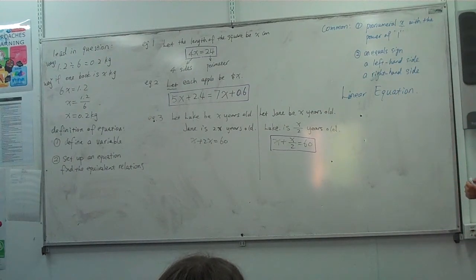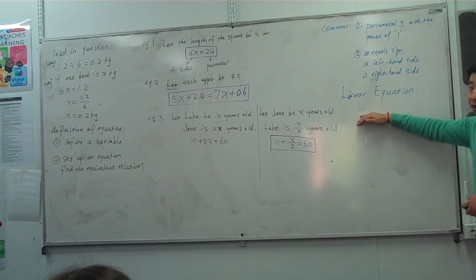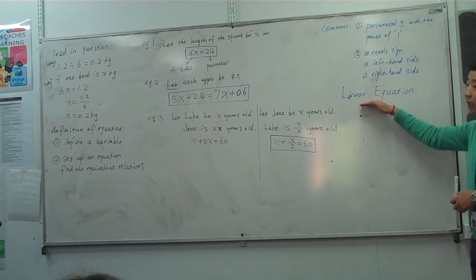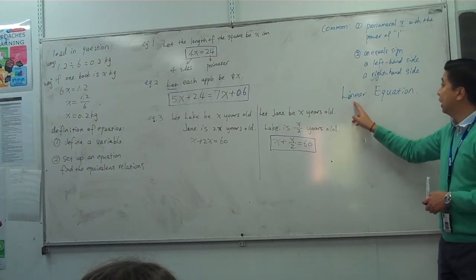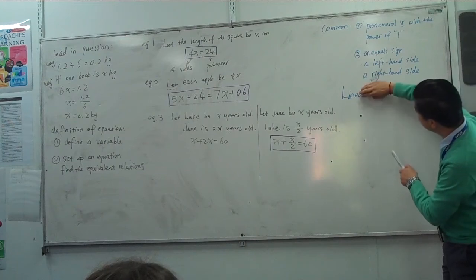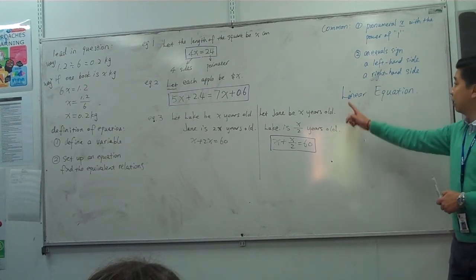Okay, we call that a linear equation. After we do the equation, we will do the linear relations, and you will find all the linear equations give a straight line. That's why we call that a linear equation, because everyone tell me, what is this word? Line. Alright, it's a line.